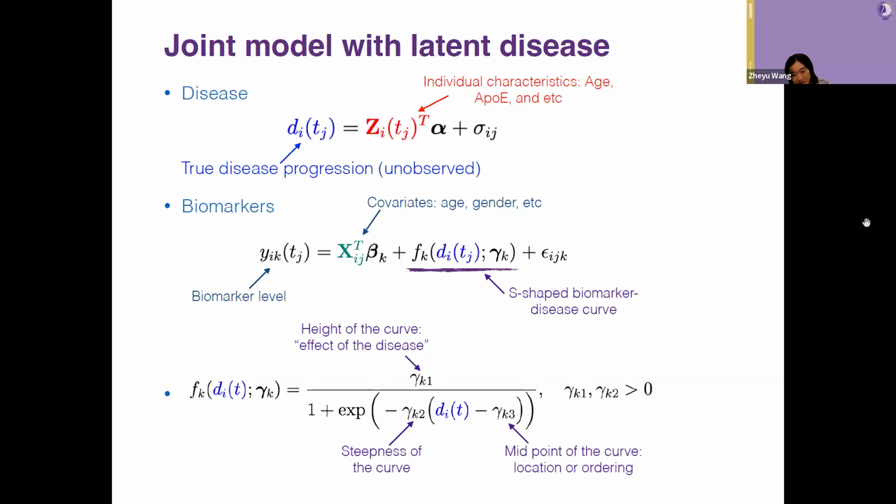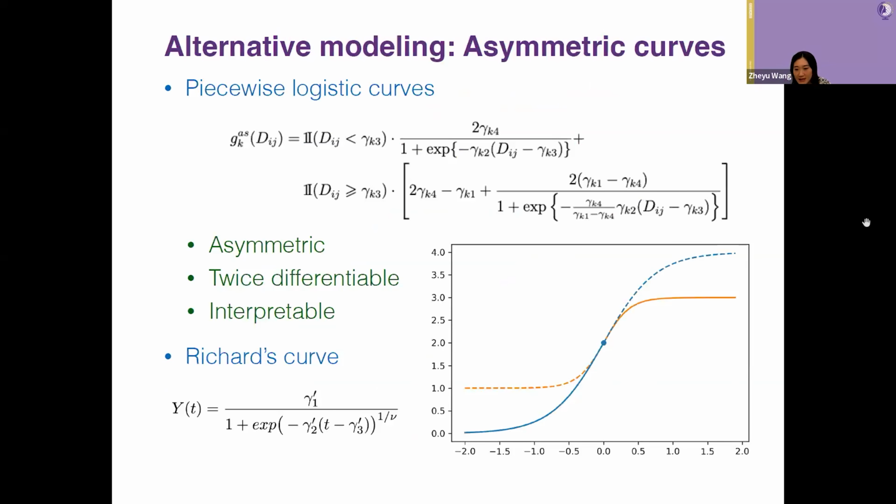That being said, next slide, please. We recognize that the logistic curve, even though it reflects a range of S-shaped progressions, is a symmetric curve. So we also tried a piecewise logistic, basically piecing two logistic curves together so that it can have an asymmetric shape.